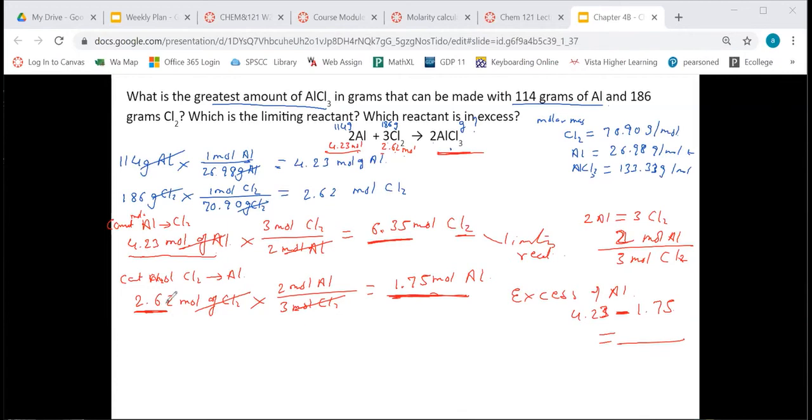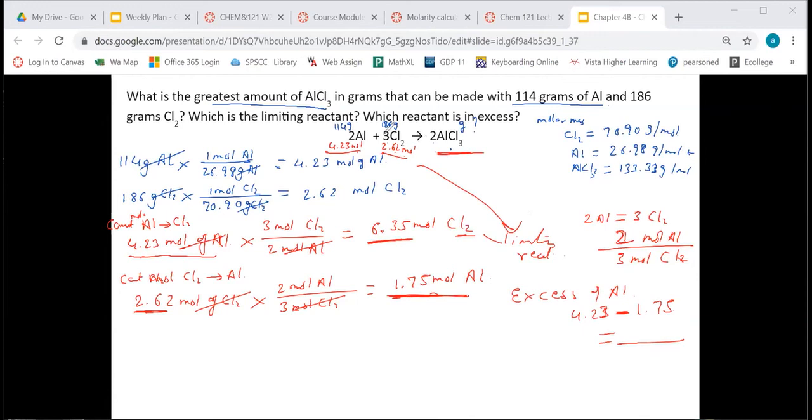It doesn't matter if you have more aluminum, because if the chlorine is not there to react, then aluminum chloride will not form. So how much aluminum chloride will be formed depends on the amount of chlorine, because chlorine is the limiting reactant.